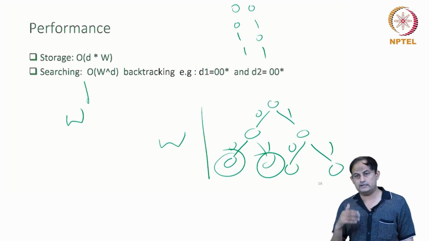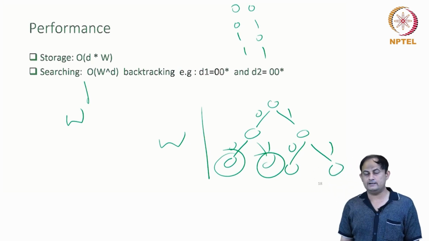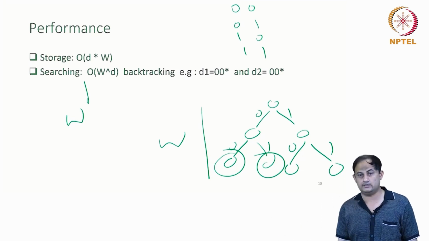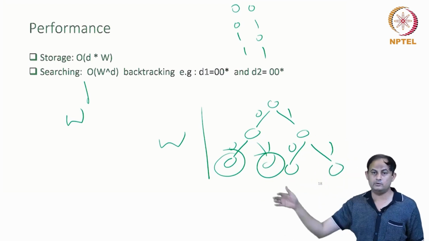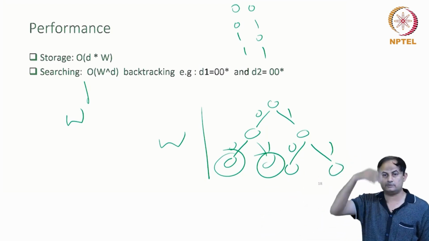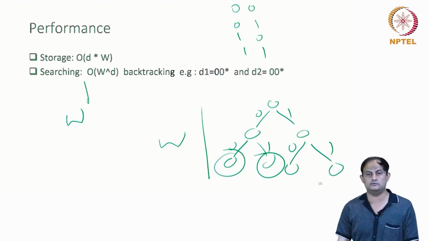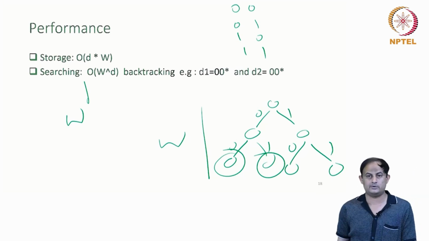In the worst case, I need to explore all possible complete binary trees in every dimension. That turns out to be W times W times W, D times. So if I explore all combinations, that is the worst case possibility. That's why the search time for this classifier is W to the power of D.